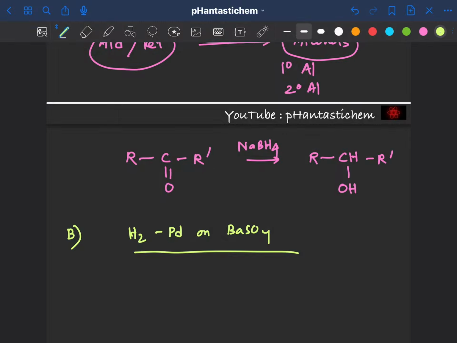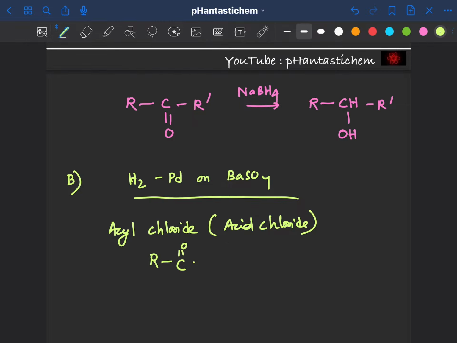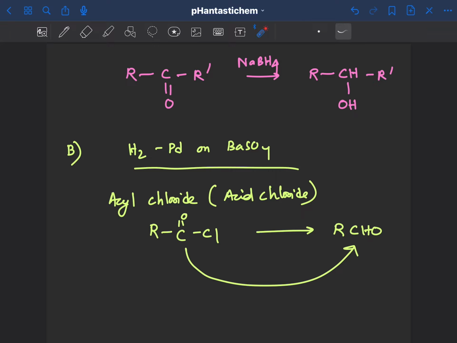This is used to convert acyl chloride or acid chlorides, that is RCOCl. Acyl chlorides are also known as acid chlorides. The formula is RC double bond OCl. Whenever you want to convert these into aldehyde, RCHO, we do hydrogenation.